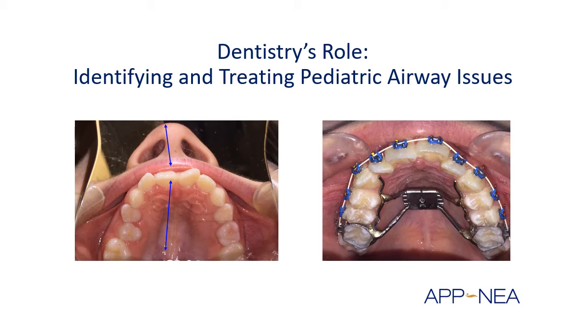Research has also shown that the contributing conditions can be identified with high sensitivity and specificity as early as 3 years of age. And dentists are perfectly poised to not only screen these patients, but identify a majority of contributing signs during the examination at the hygiene visit.